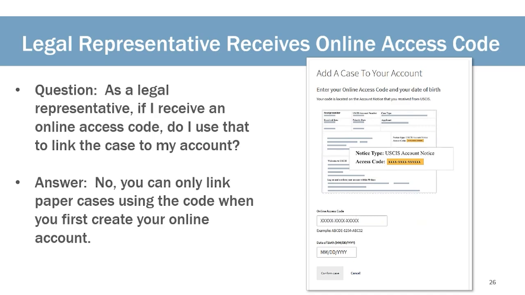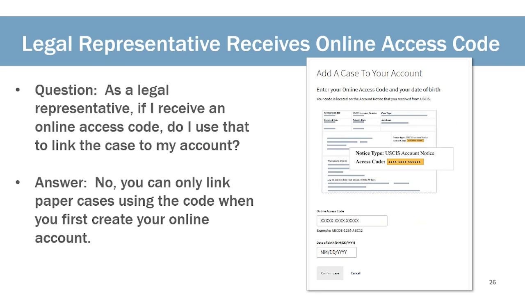So if you continue to receive many notices, that means there's something about your G28 that is not matching your online account. Like Quinn said, you can only use that online access code one time, in the representative account, when you create your account. After that, cases will automatically link based on your G28 matching your account profile.